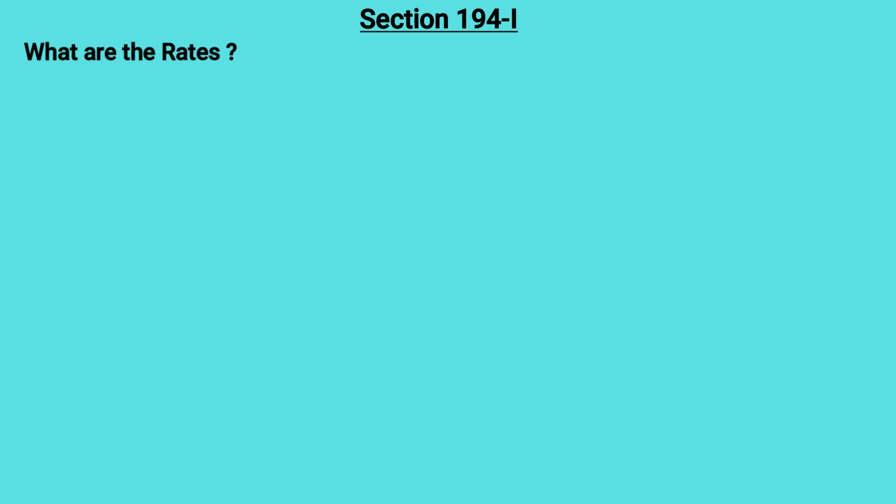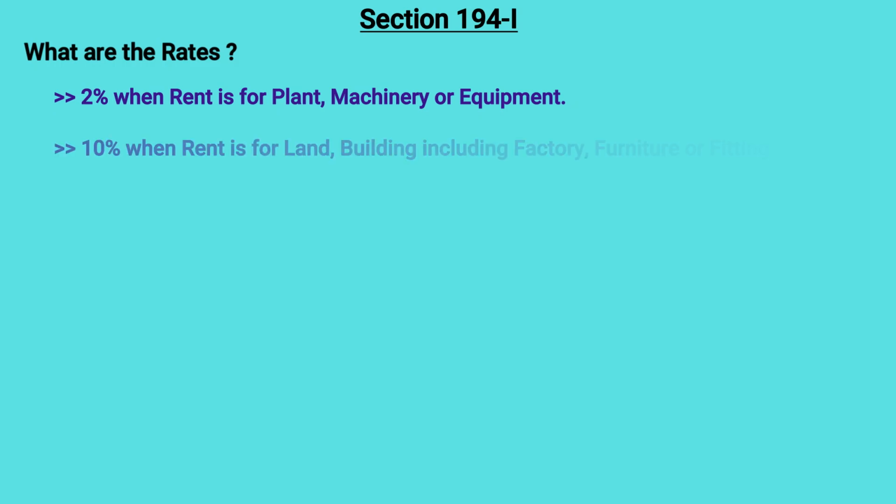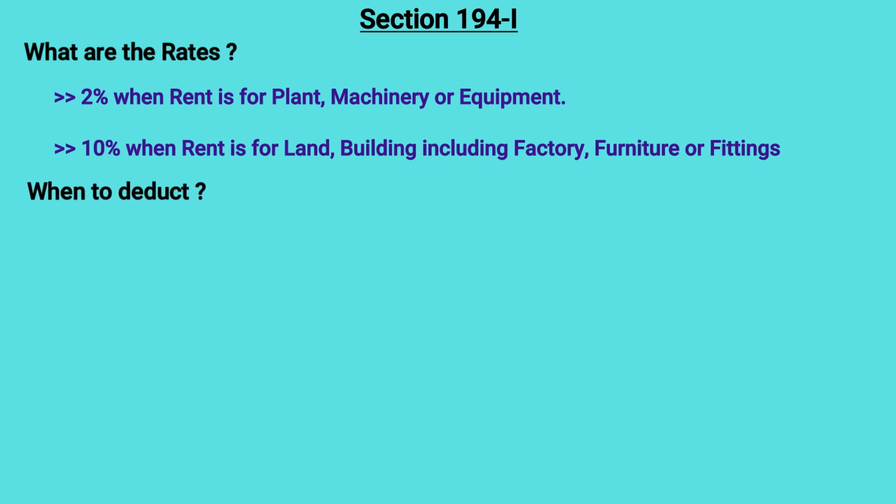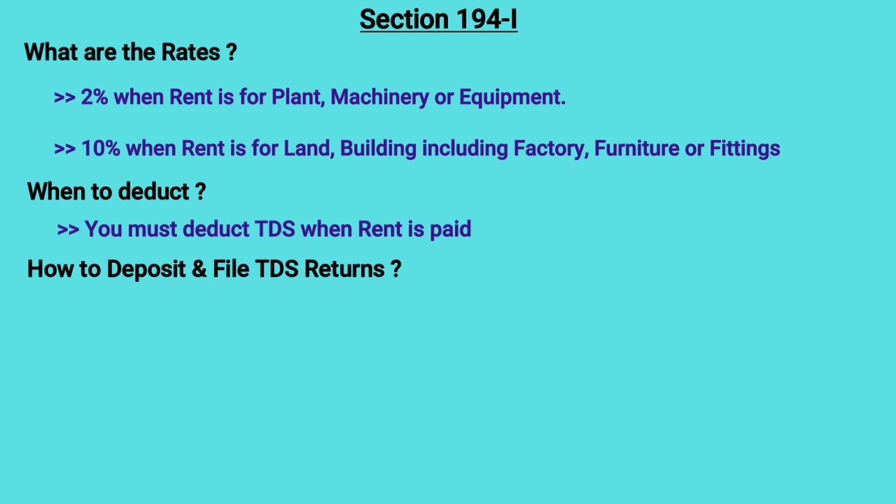What are the rates? The TDS rate is 2% when rent is for plant, machinery or equipment, and 10% when rent is for land or building, including factory, furniture or fittings. When to deduct? You must deduct TDS when rent is paid. How to deposit and file TDS returns?